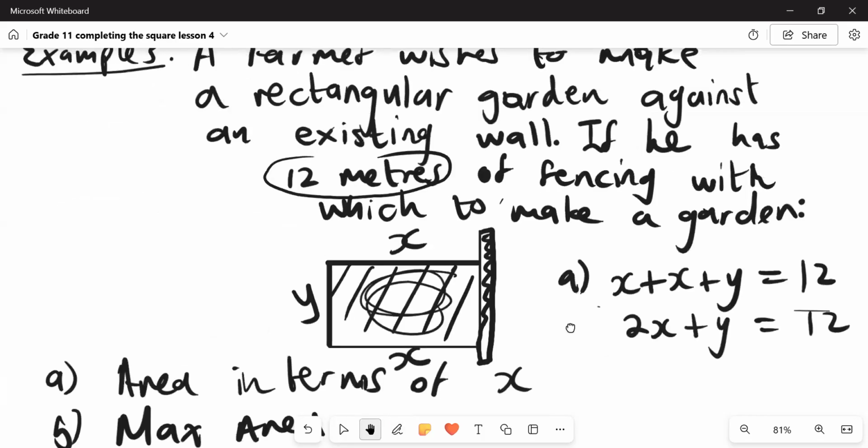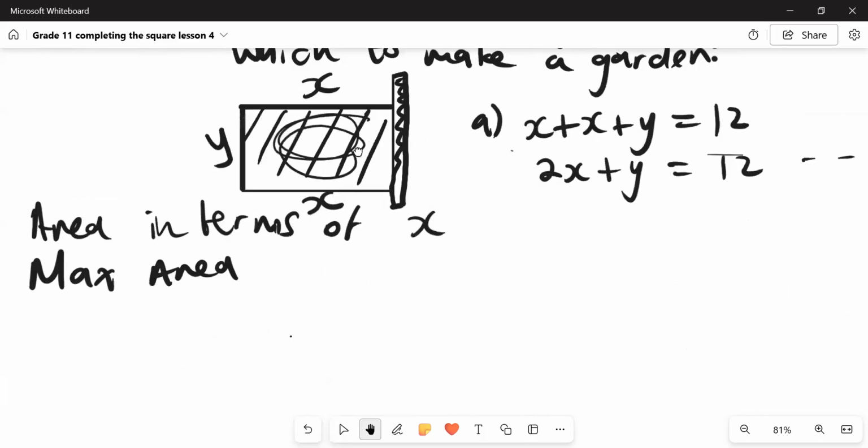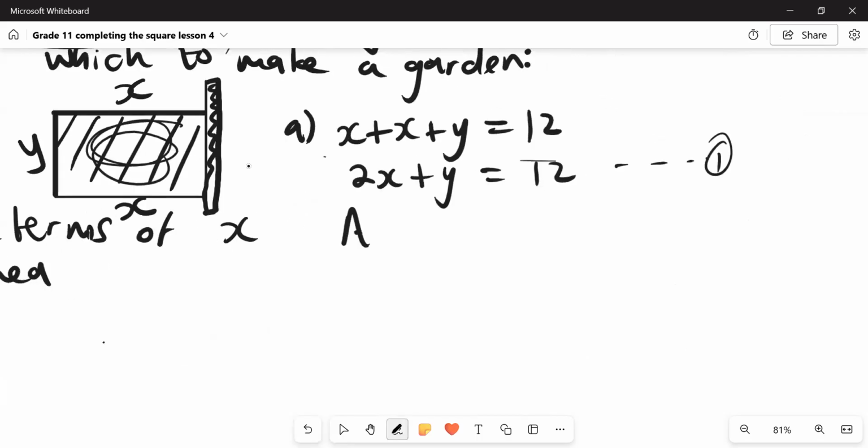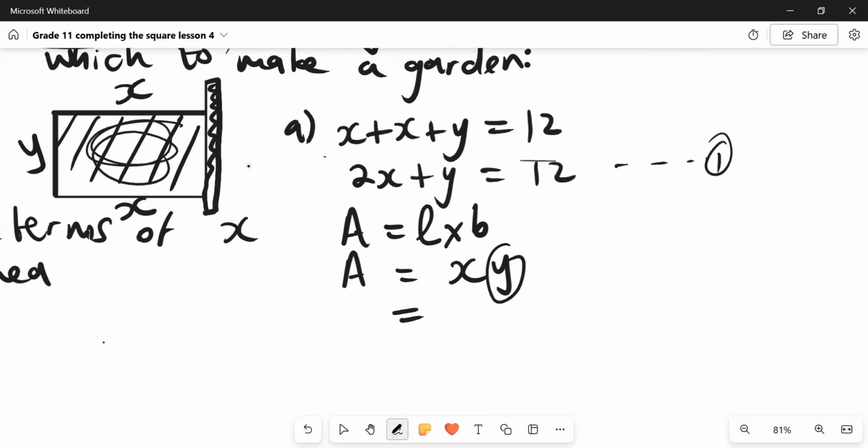but they are looking for the expression of the area. And what is the area of a rectangle? The area of a rectangle is given as length times breadth, right? And you'll have your X times Y for area. But in place of Y, before we continue there, from our equation 1, let's try and make Y the subject of the formula. So you have Y equals, transpose 2X to the other side, you'll have 12 minus 2X, right?